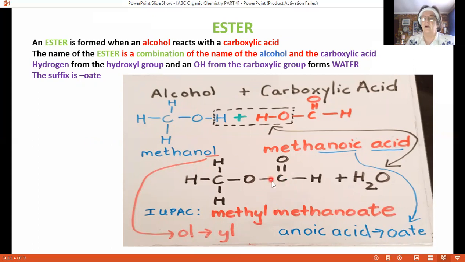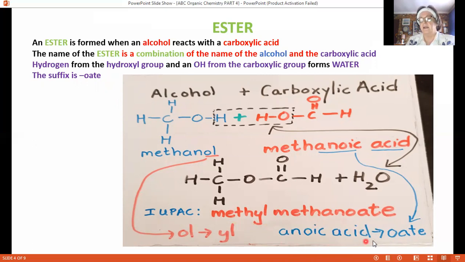And here's also only one carbon with a double bond. And then we know that the suffix of the ester now is oate. There we wrote it down, oate. So the combination name of the alcohol with a carboxylic acid is then methyl methanoate.